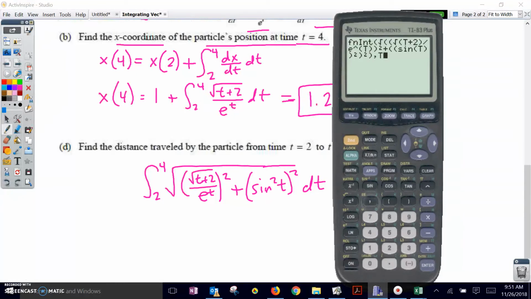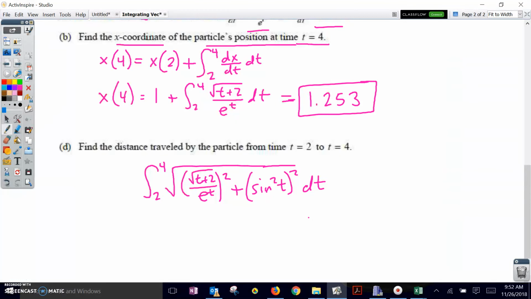Again, this is one of those times that I really wish I had that fancy newfangled calculator with the math type instead of having to kick it old school. I hope I typed everything in correctly. I tried to be really careful and meticulous with this. And we get 0.651.